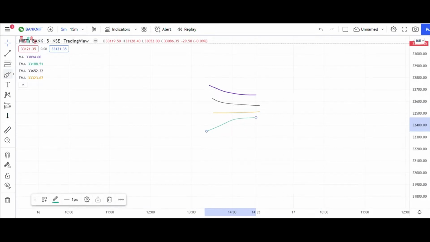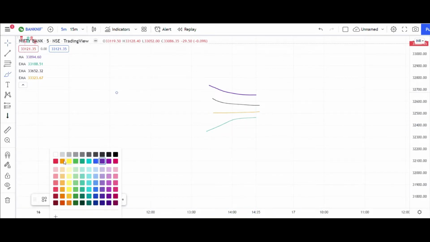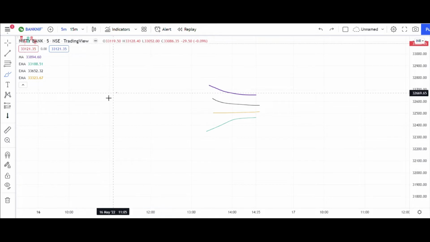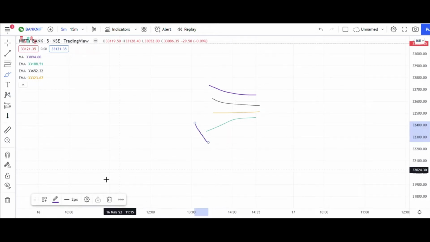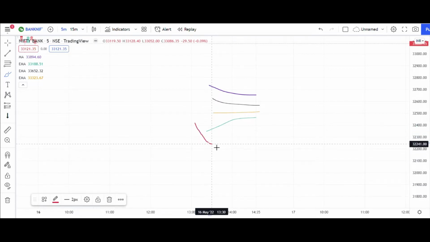Let's say your price is moving down, and here it is making the swing low. So this is your swing low, and if you have watched the part 1 and part 2 video, when the price is going away from the small exponential moving average, there will be two possibilities.